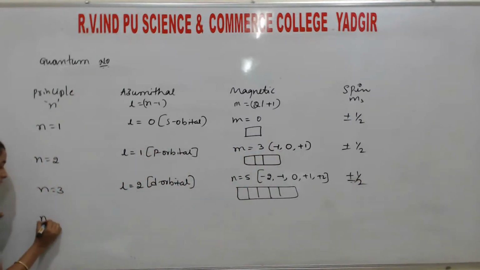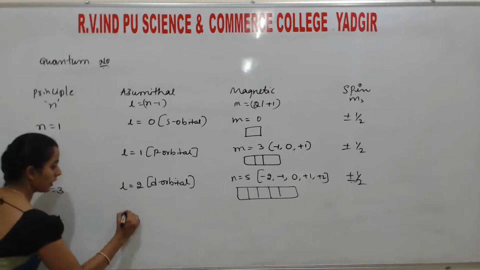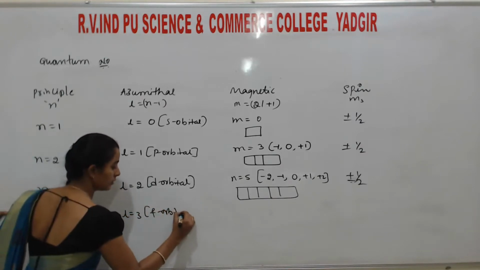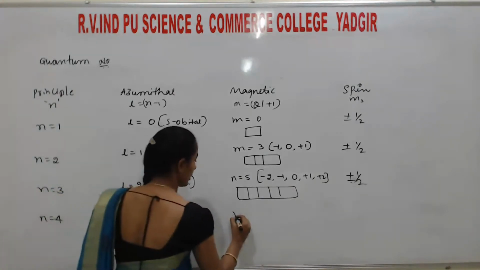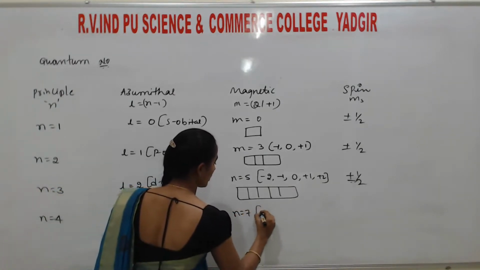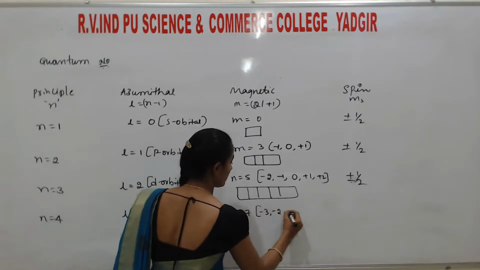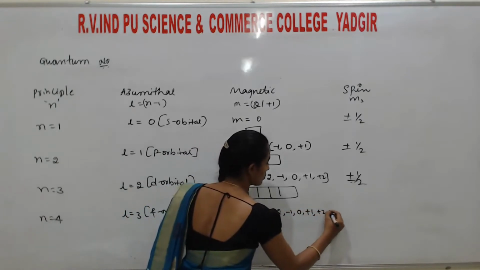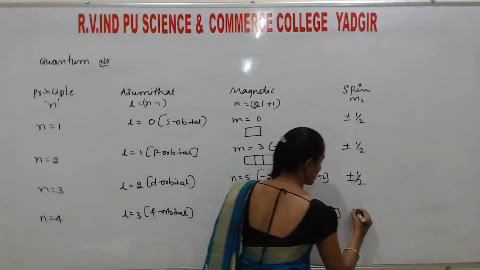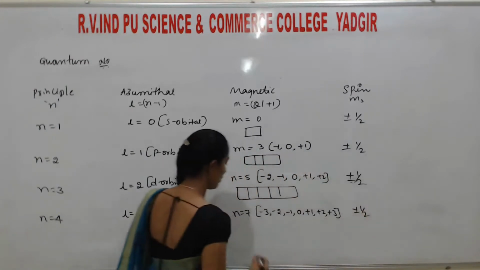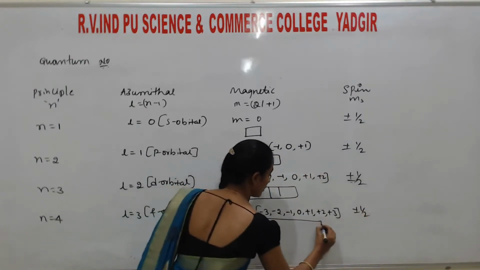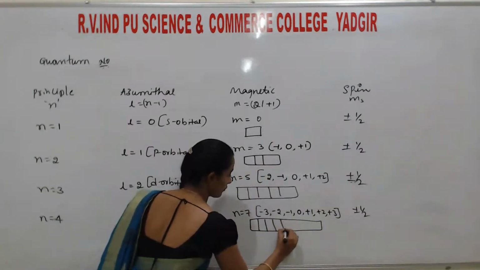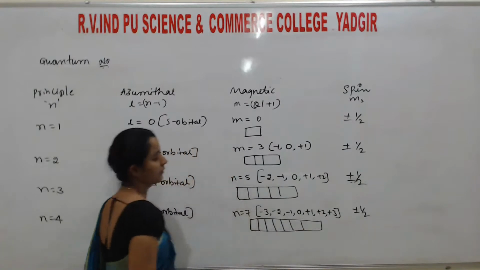Next, if n is equal to 4, l is equal to 3, that is the f orbital, so m gives 7 values: minus 3, minus 2, minus 1, 0, plus 1, plus 2, plus 3. This is also plus or minus half. Here 7 orbitals are there: 1, 2, 3, 4, 5, 6, 7.